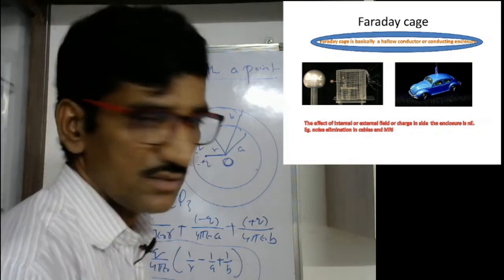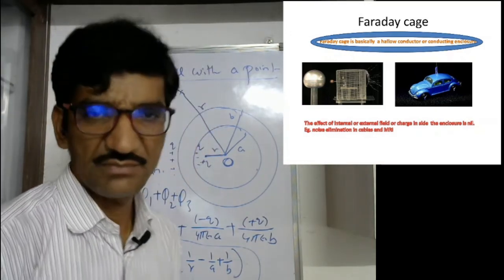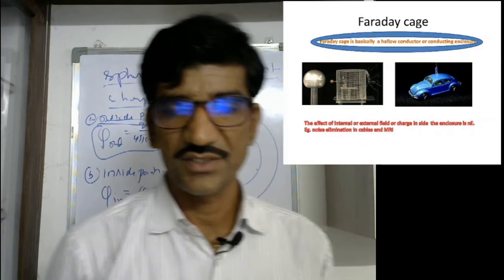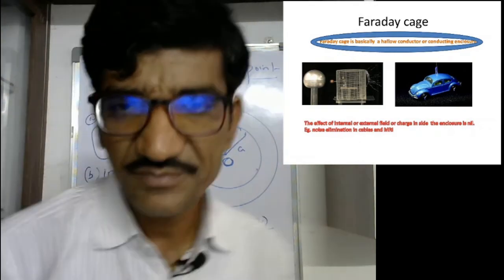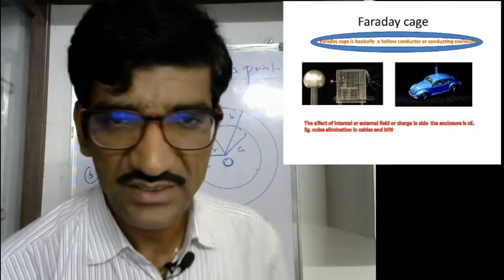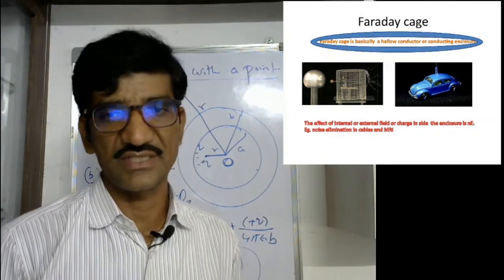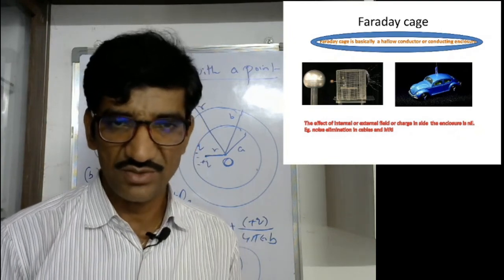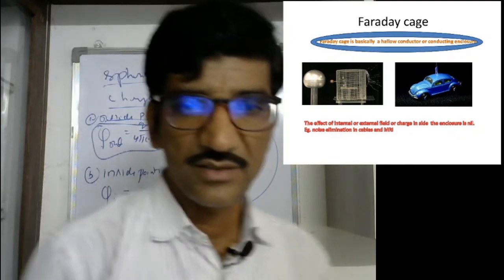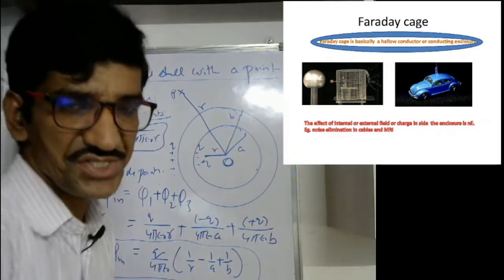It is one among his innumerable inventions. A Faraday's cage is nothing but a conductor with a cavity, or a wire mesh box. It is a box made with wire mesh.